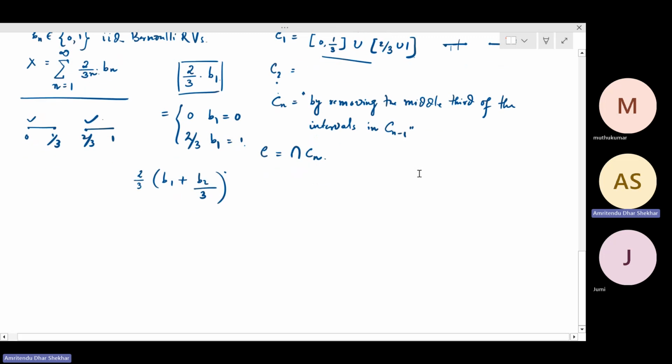Let me just write it down. At each point in the range of X, f of x is not differentiable.